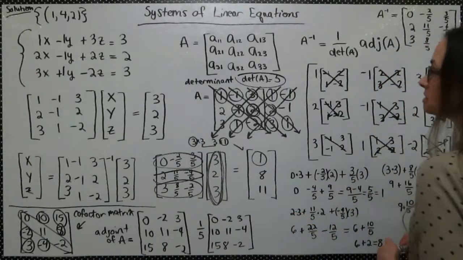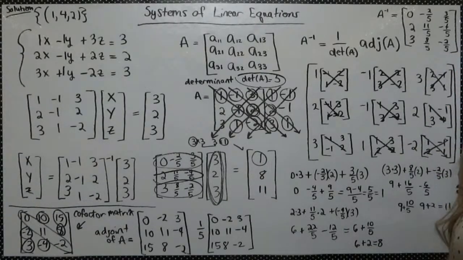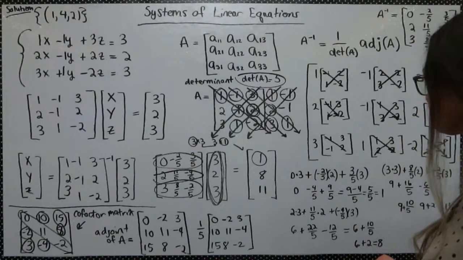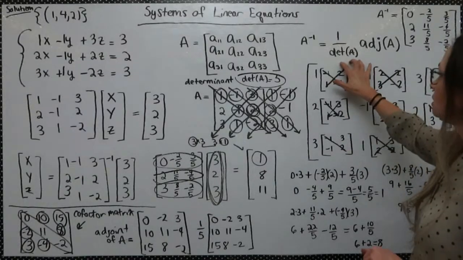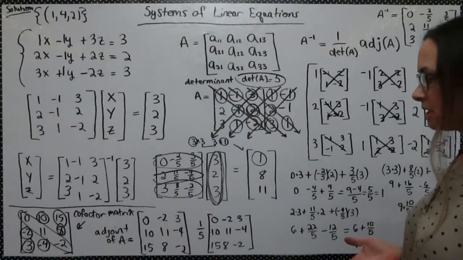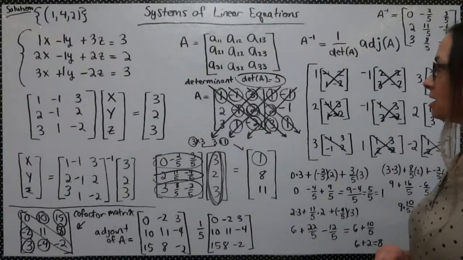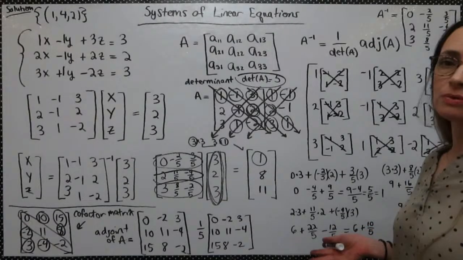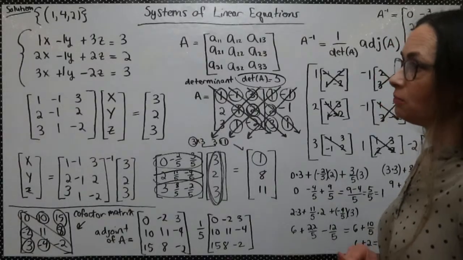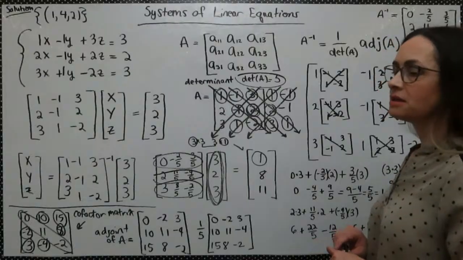How to solve a system of linear equations using the inverse of a matrix. There are multiple methods, and this is one of the ways, using this formula here for the inverse. I might have made a mistake in my arithmetic at any point, and that's going to throw the solution off. But I will figure it out and revisit it. And you learn more from making mistakes than you do when you just work it correctly. So if that's where I'm at, then so be it.